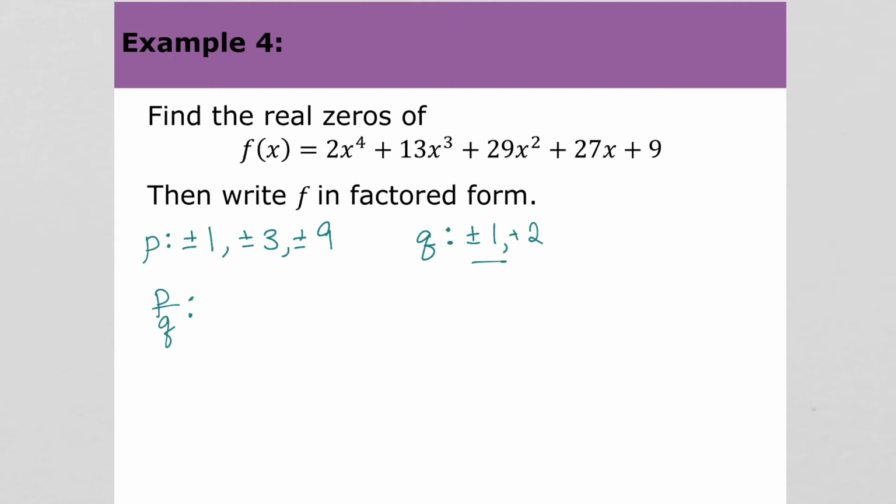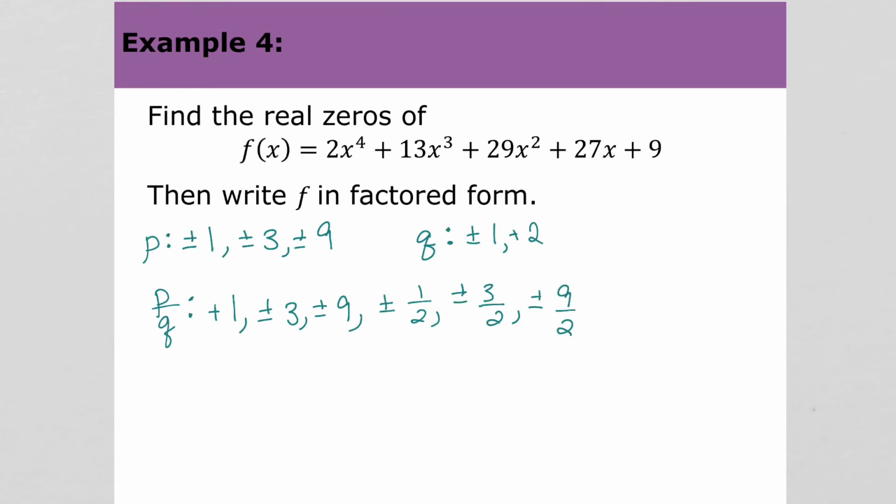So starting with q equals plus or minus 1, we've got just plus or minus 1, plus or minus 3, plus or minus 9, and then with plus or minus 2, we've got plus or minus 1 over 2, plus or minus 3 over 2, and plus or minus 9 over 2.